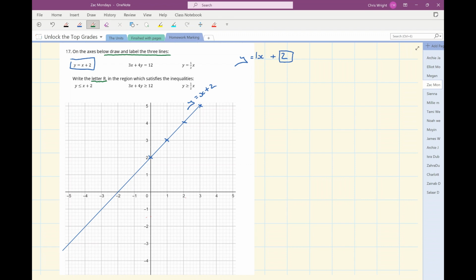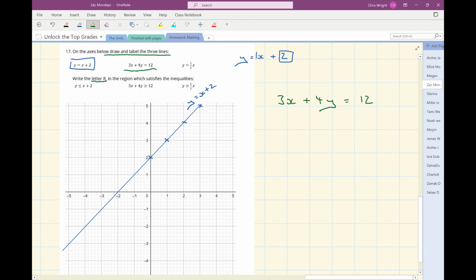Now in green, let's do the line 3x plus 4y equals 12. Okay, now we could rearrange this to make y the subject, and then we'd be able to read off the gradient and the y-intercept. But I find it easy to use what some call the cover-up method, or I use the phrase 0 something something 0.